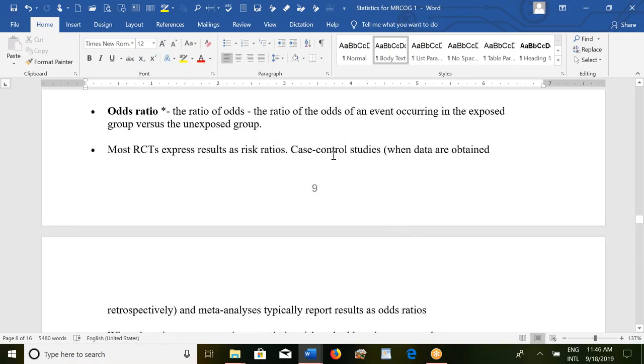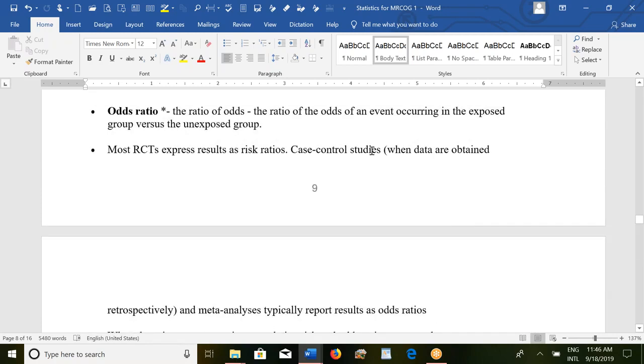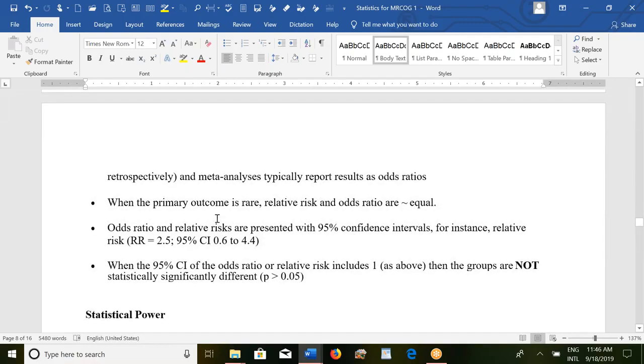So just remember that if they are giving you an odds ratio, then you will say that this is either a meta-analysis or a case-control study. When the primary outcome is rare, relative risk and odds ratio are equal.